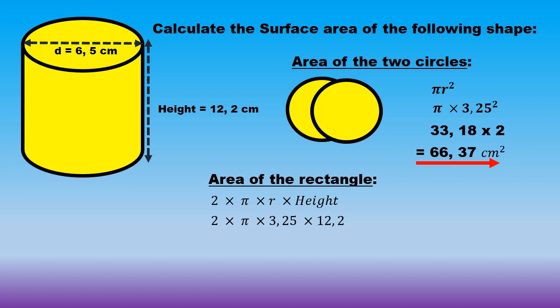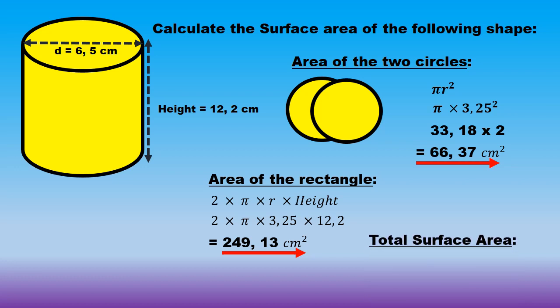So 2 times pi times radius, the radius again 3.25, times that height, which is 12.2. That would give you 249.13 centimeters squared. And how do you get the total area? Yes, you guessed it, you add it back together. So total surface area is your answer from the two circles plus the rectangle, and that gives you 315.5 centimeters squared.